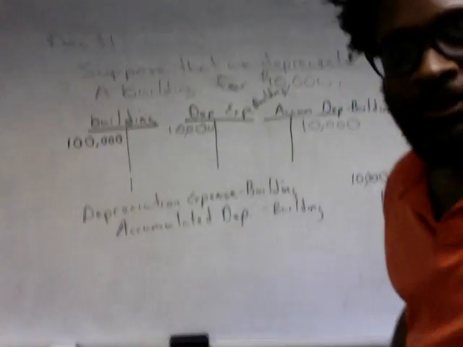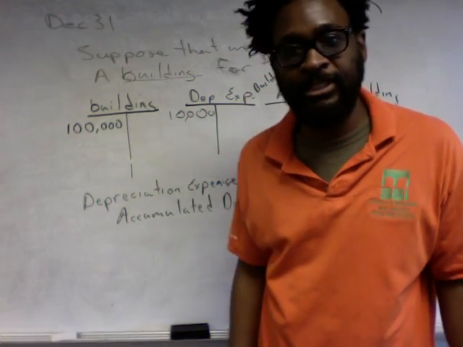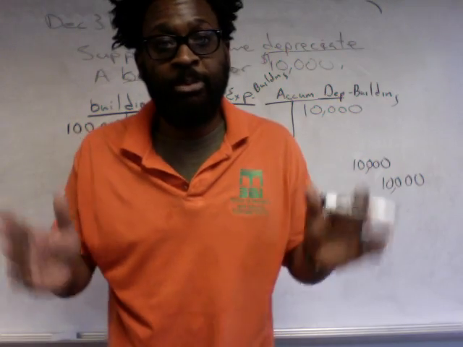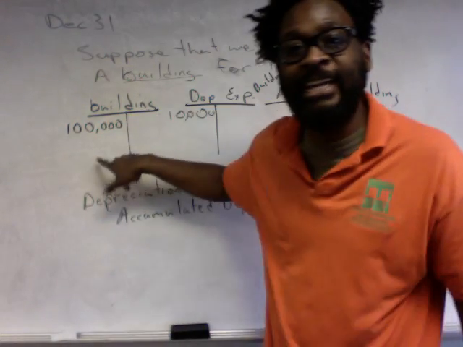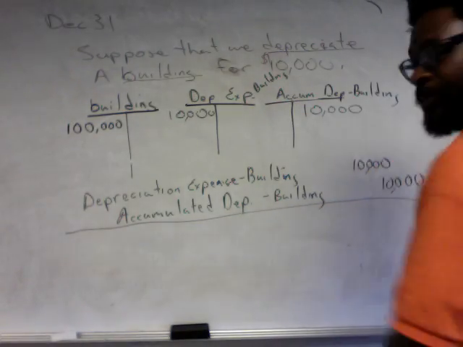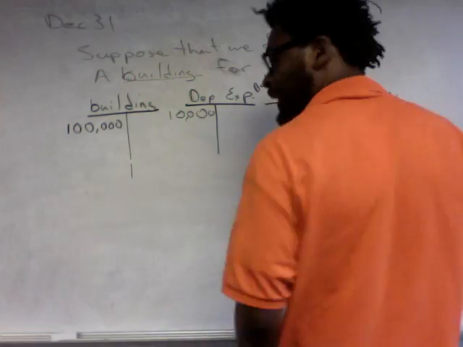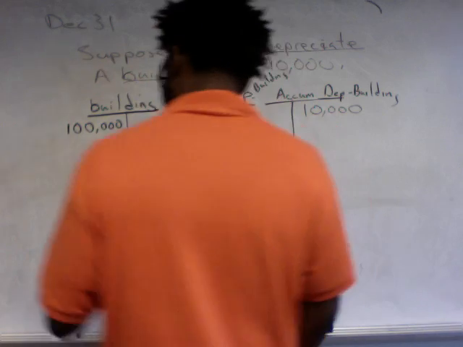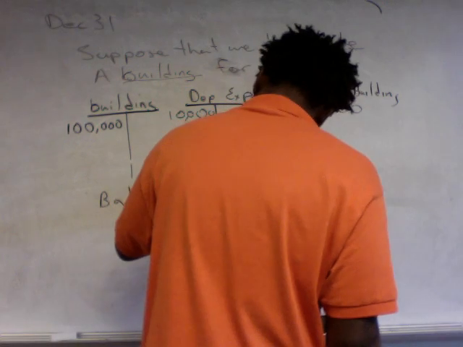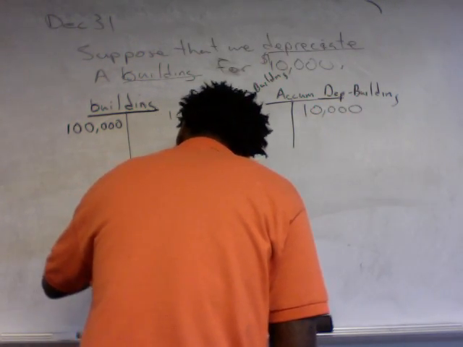Now you may want to know, how will we be able to know that this asset is being depreciated? Well, the asset is going to be depreciated on the balance sheet. The balance sheet will report this building at its book value. So when it's time to do your financial reporting, when it's time to report your balance sheet and you have to show your building, you're going to write the word building.